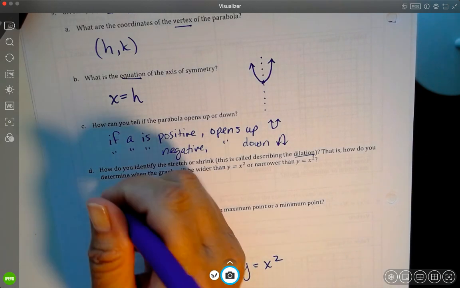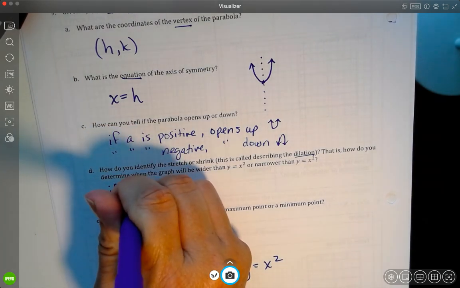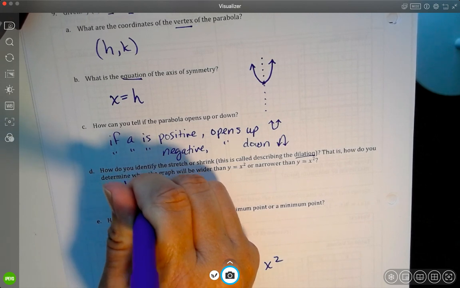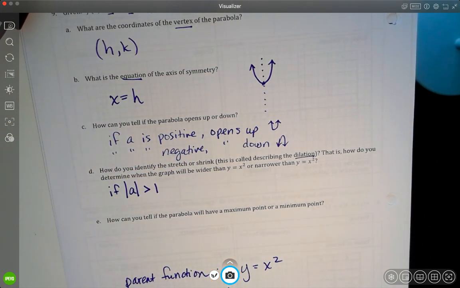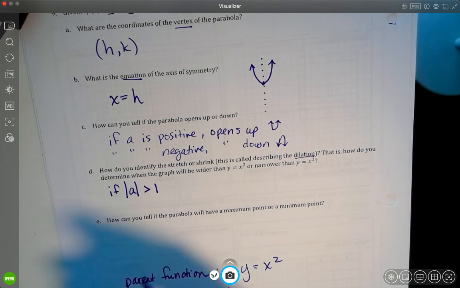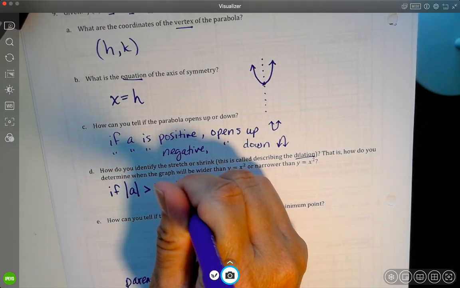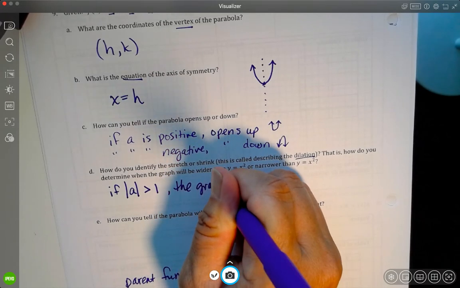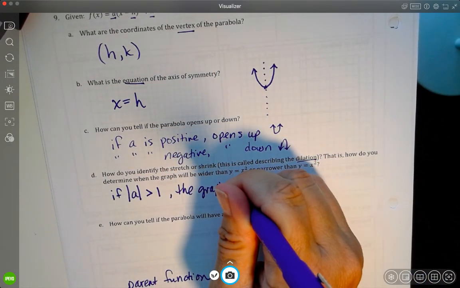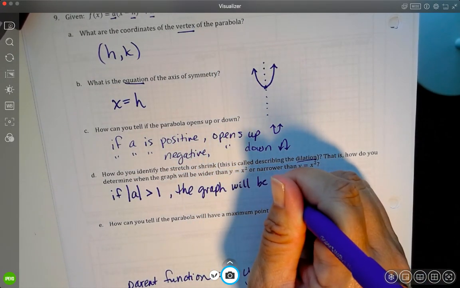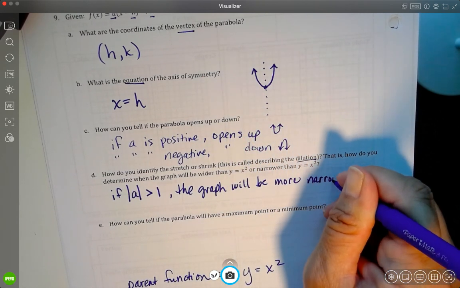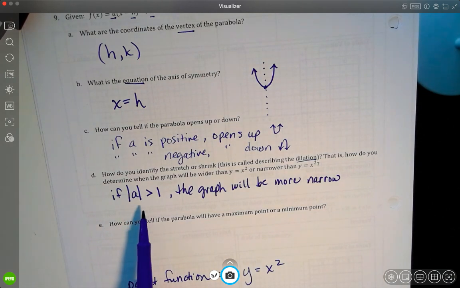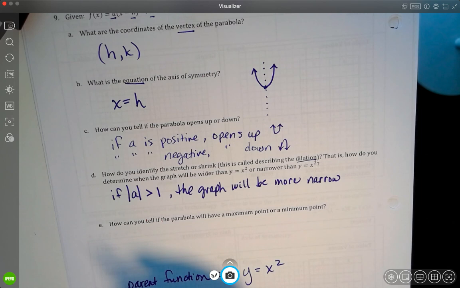So if the absolute value of A is greater than 1, like if it's 1.5 or 2 or -2, then the parabola that you're referring to from the vertex form will be more narrow, because what's happening is your y is growing faster if the absolute value of A is greater than 1.